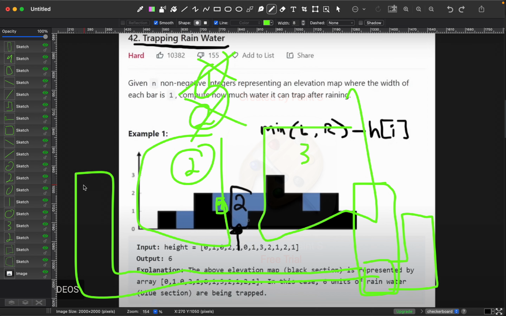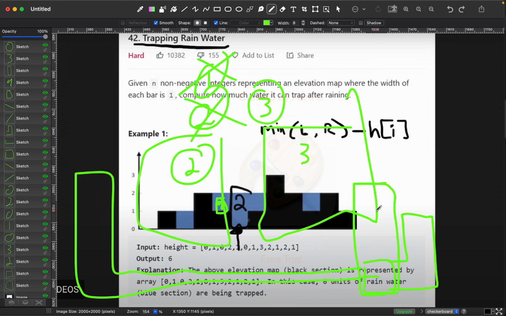No matter how tall this is, it doesn't matter. We take account of the minimum one, which is what stage 2 is about. For this part, I guess it will be stage 3. Stage 3 is about how big my current pointer is.